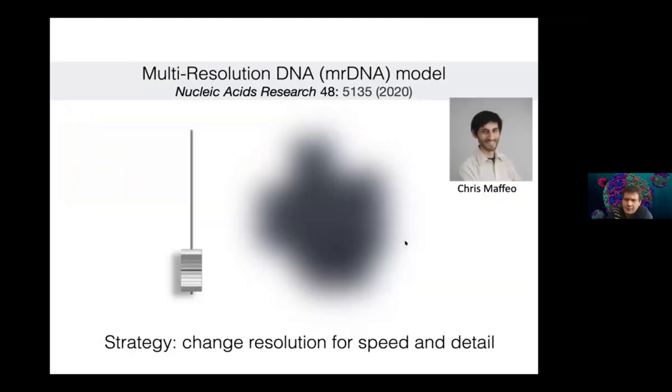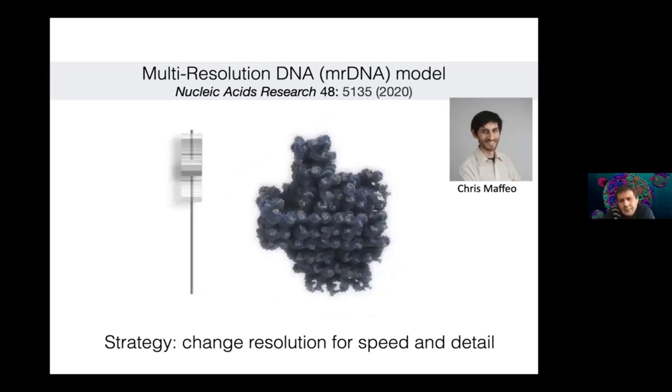So here was the key idea, and this is work by Chris Maffeo, a postdoc in my lab. The idea was that we don't actually have to look at the structure at the same resolution all the time. So let's just refine resolution as we go. The resulting model is called the multi-resolution DNA model, or Mr. DNA, which is Chris.